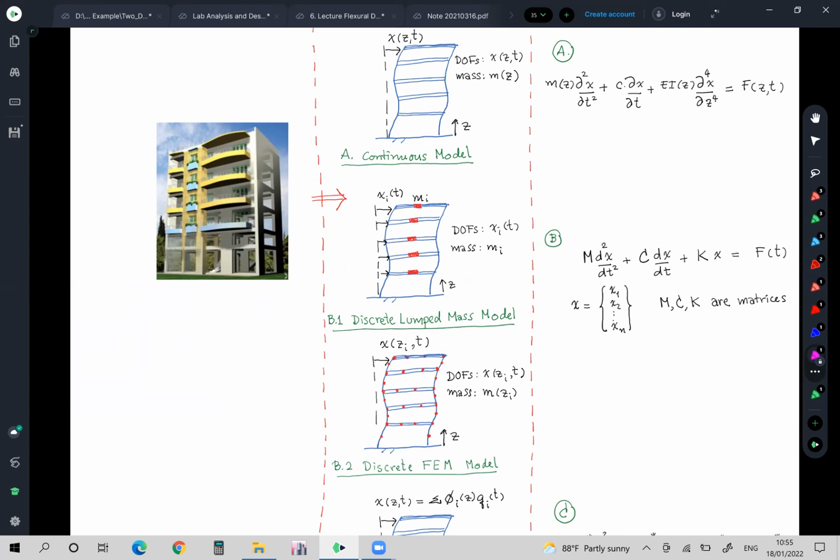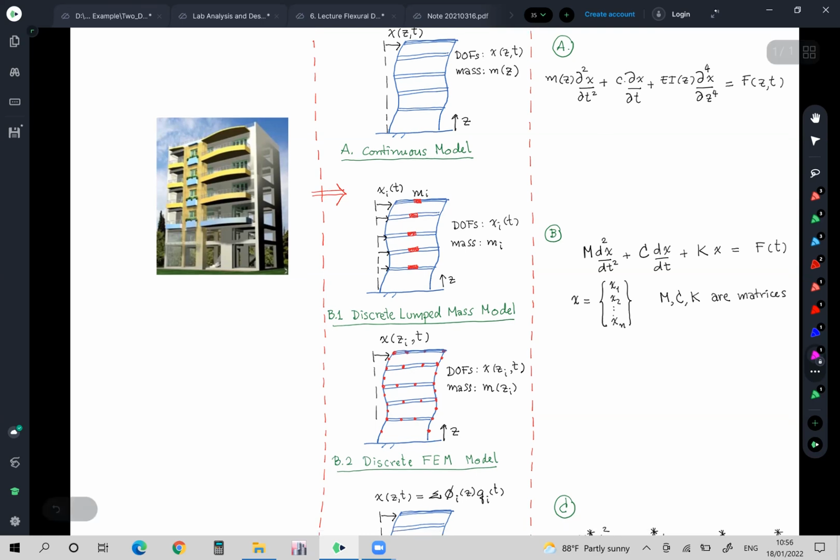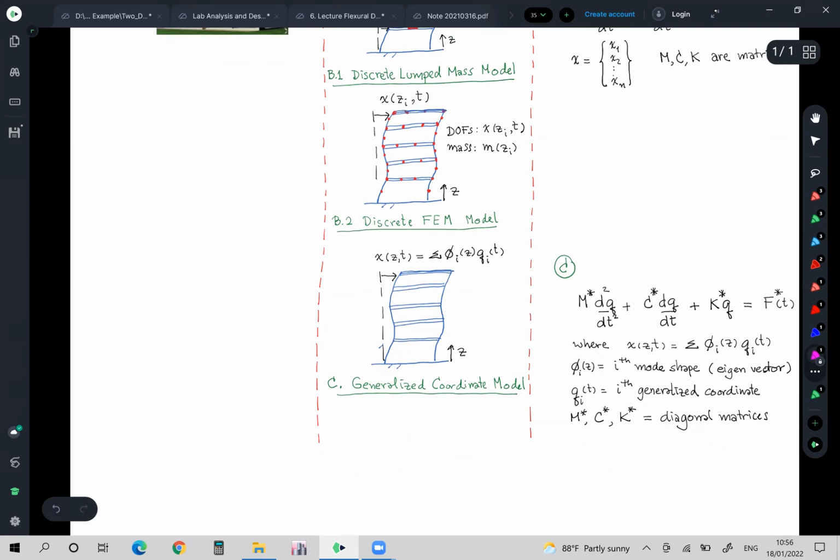Number B is the discrete model, and with both lump mass and finite element, you will end up with second order ordinary differential equations as in equation B. And C, if you use a generalized coordinate model, you will end up with a different type of mathematical model, but it looks to be second order ordinary differential equations.